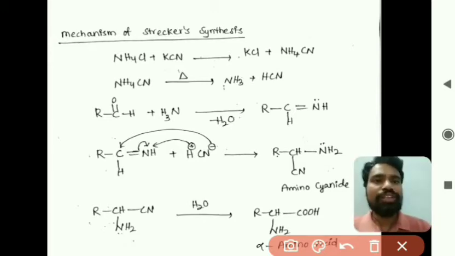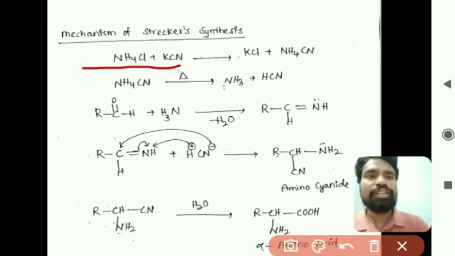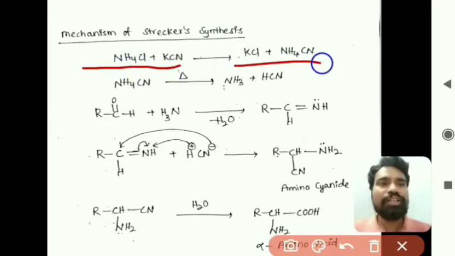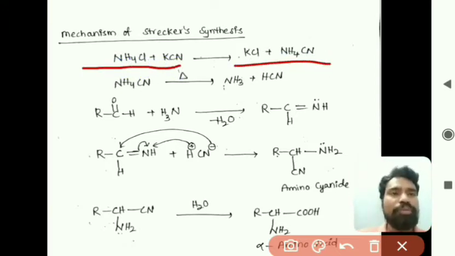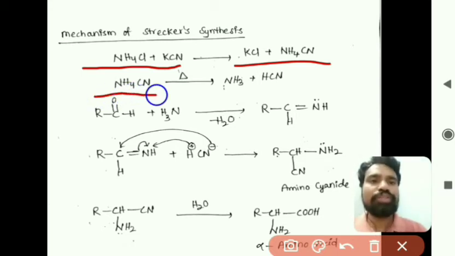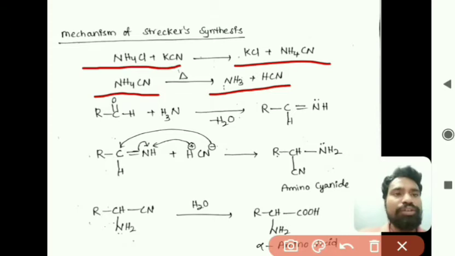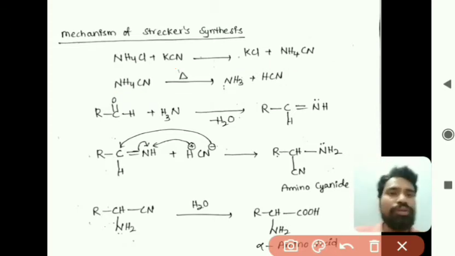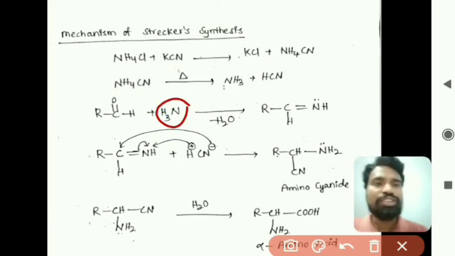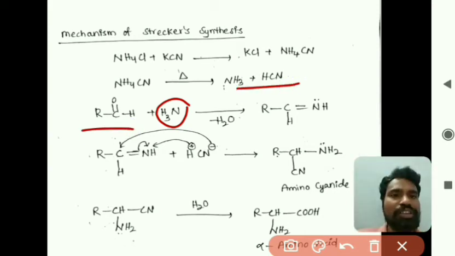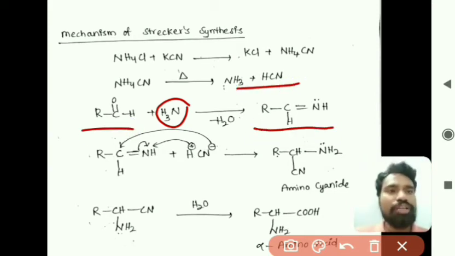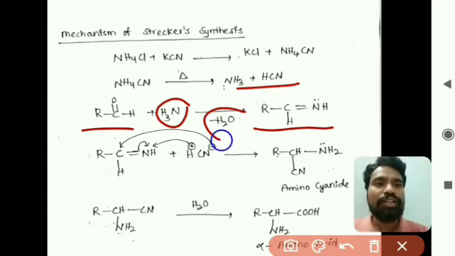Initially, ammonium chloride reacts with potassium cyanide, then it forms ammonium cyanide plus potassium chloride. This ammonium cyanide undergoes dissociation and forms ammonia and hydrogen cyanide. Now this ammonia NH3 reacts with the aldehyde, and it forms an imine by leaving water.